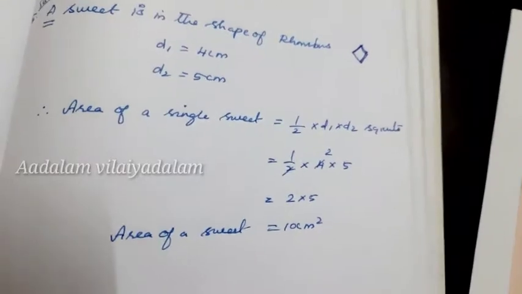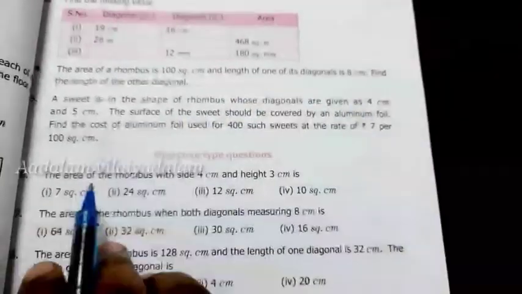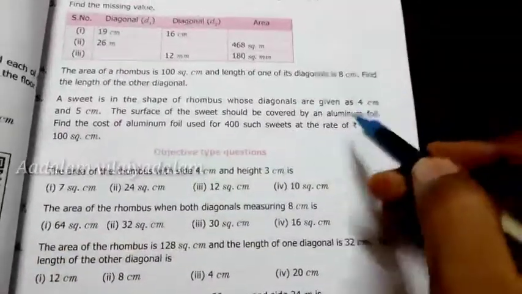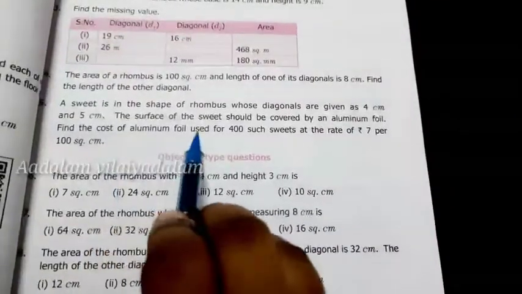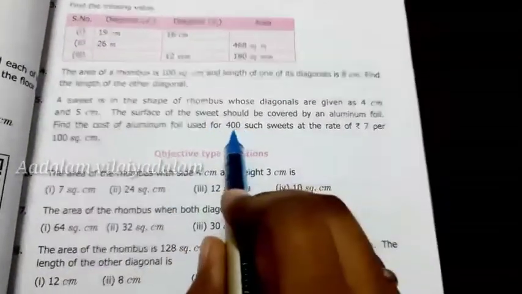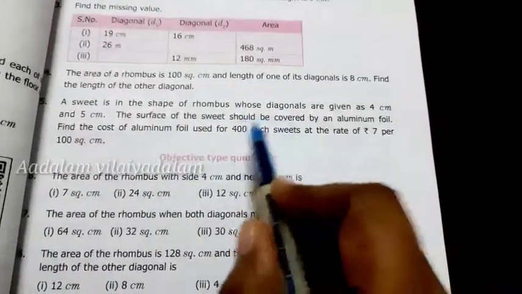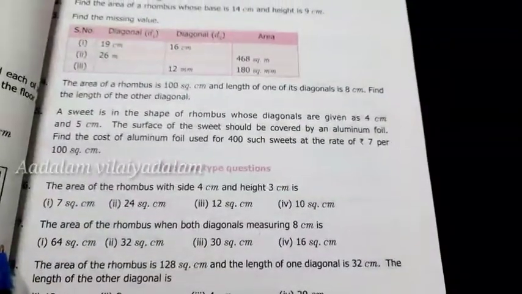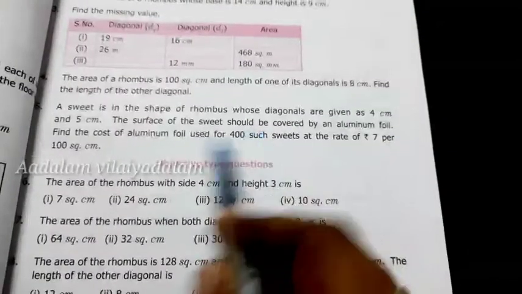Now in the question they are telling that the surface area should be covered by aluminum foil. Okay, they have given the clue, that is aluminum foil has to be used. Now find the cost of the aluminum foil used for 400 such sweets. So aluminum foil should be used to cover the 400 such sweets.